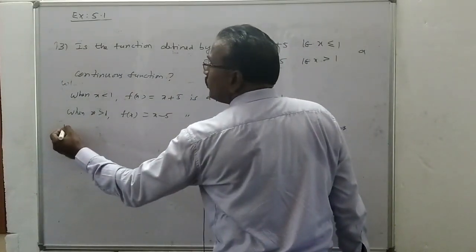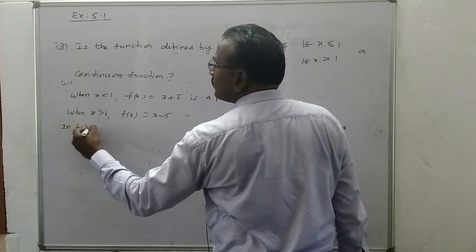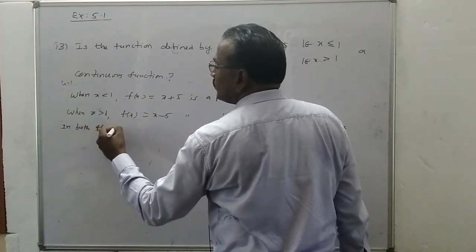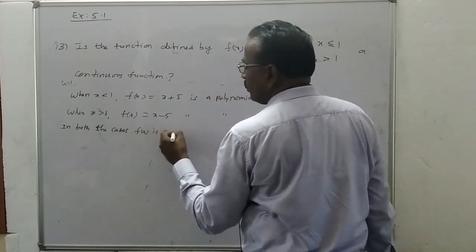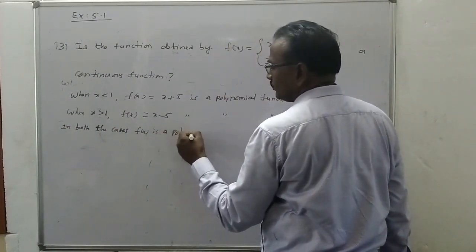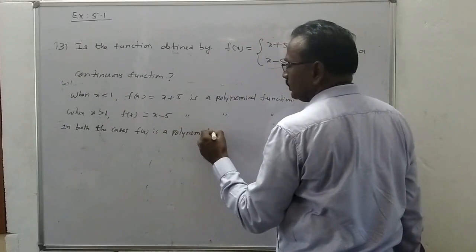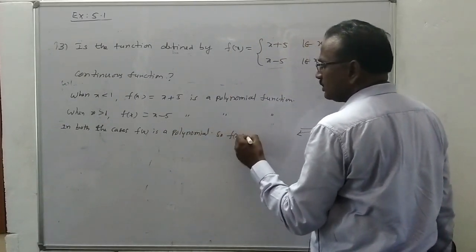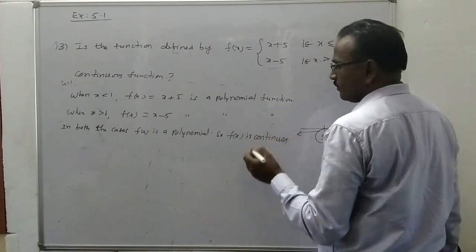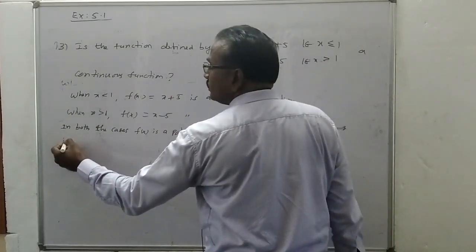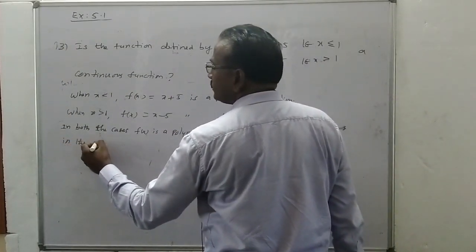So in both the cases f of x is a polynomial. So f of x is continuous in the above intervals.